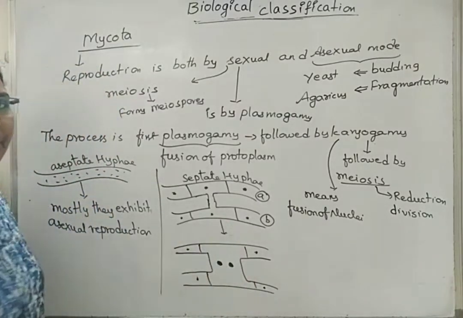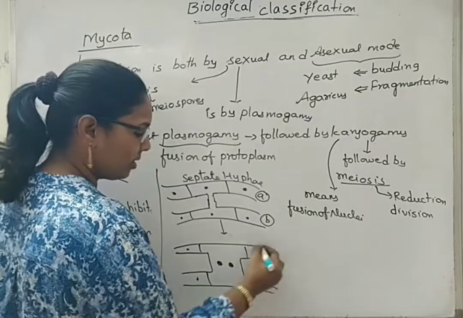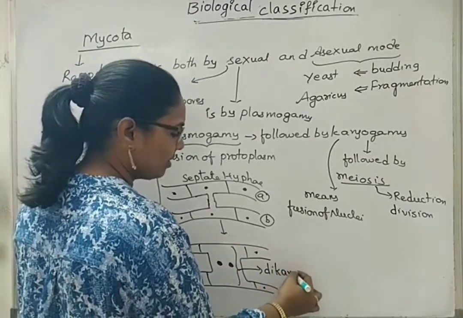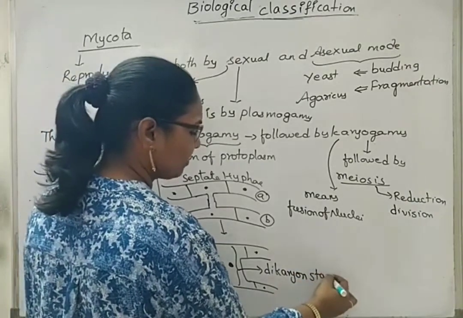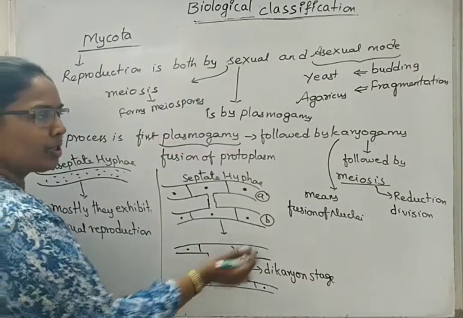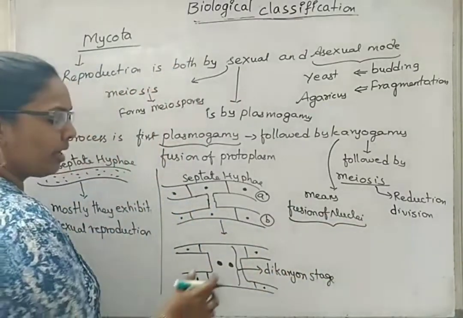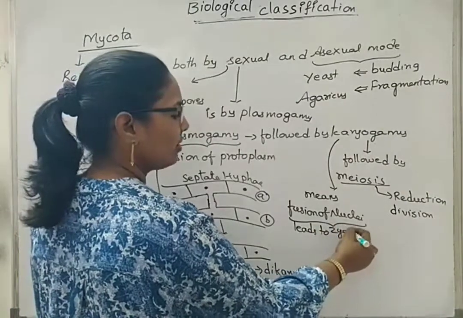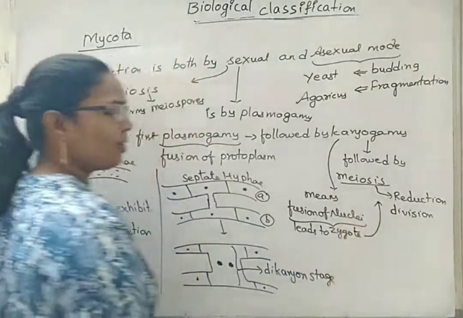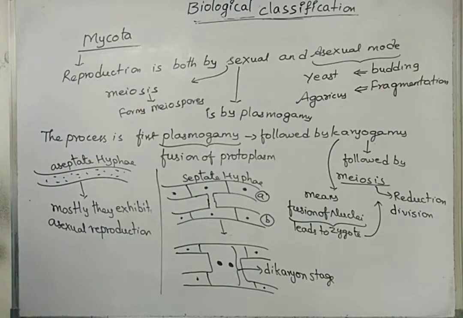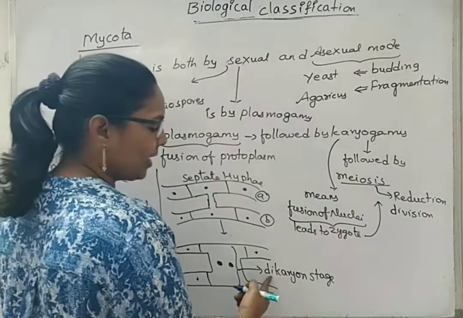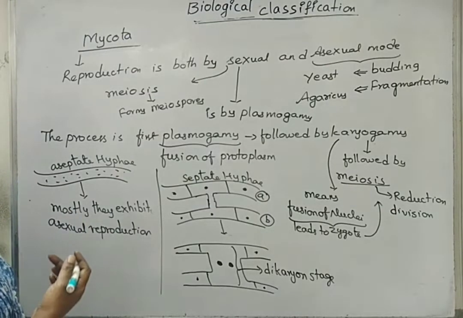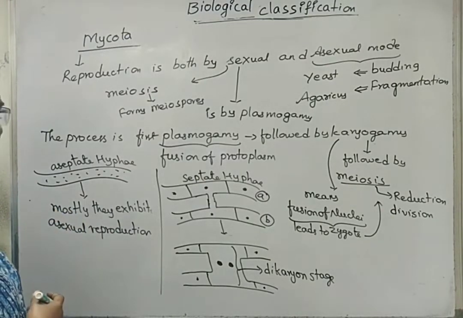This single one is termed as dikaryon stage. Later these both nuclei will be fused, that is karyogamy. After that, it leads to zygote formation. That zygote now undergoes meiosis to give out meiospores. So, dikaryon stage is seen in the sexual mode of reproduction during the meiospores formation.